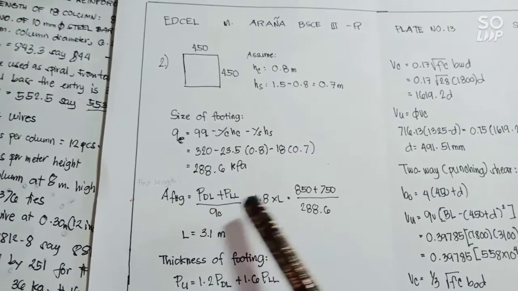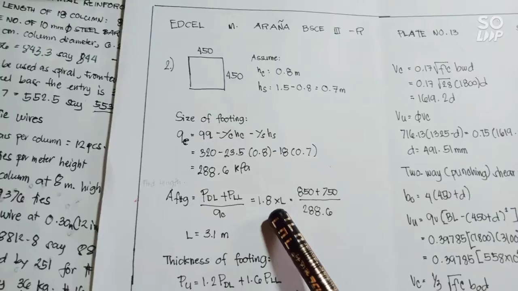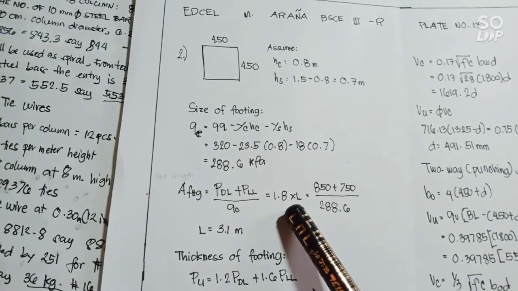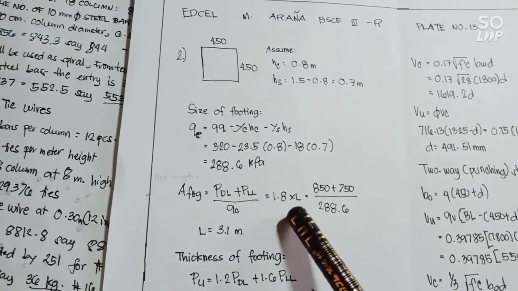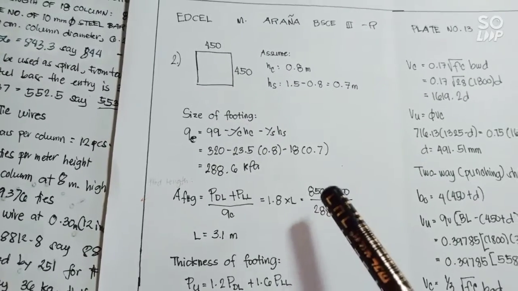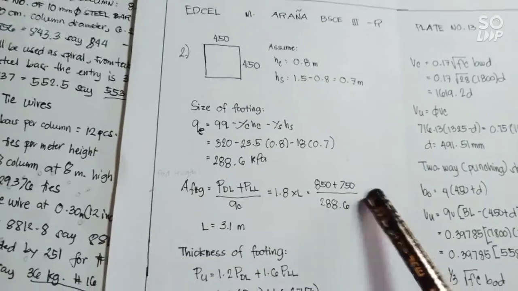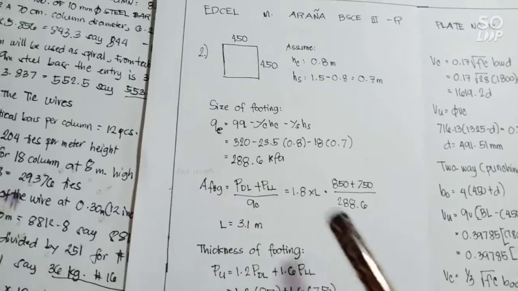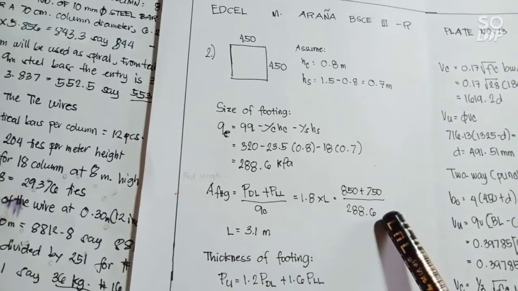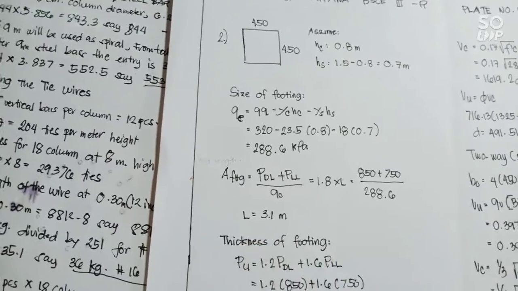So equate 1.8, which is the width of the footing, times length is equal to the dead load of 850 and the live load of 750 over the effective soil bearing capacity, which is 288.6. So our length now is 3.1 meter.